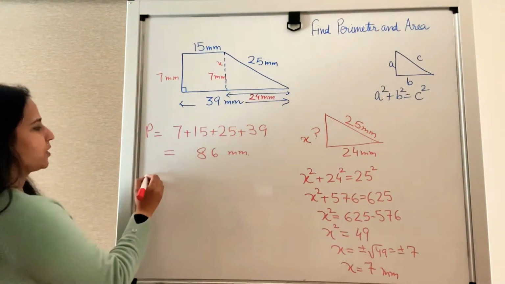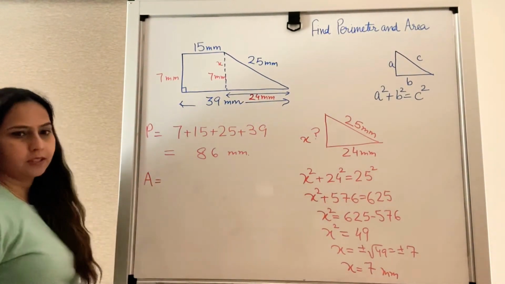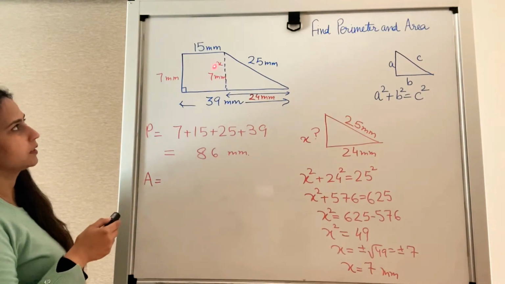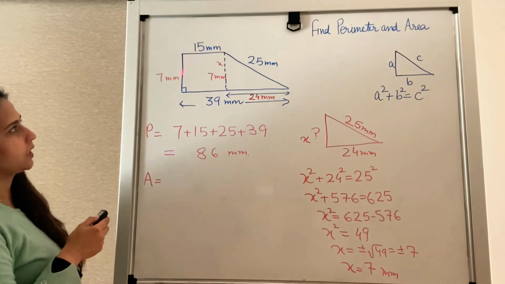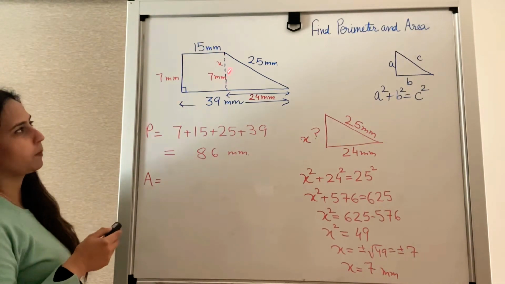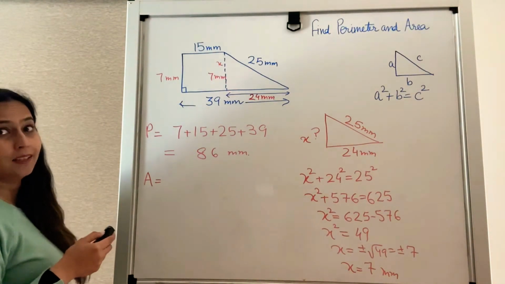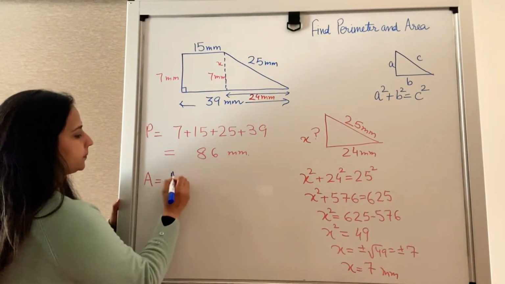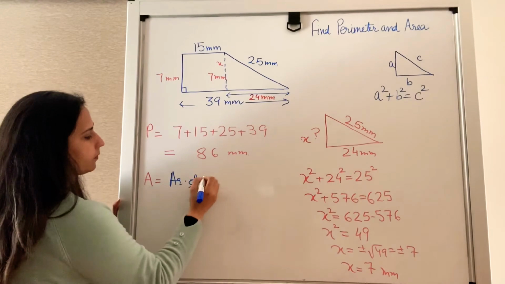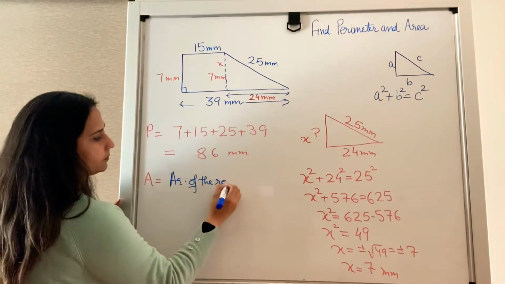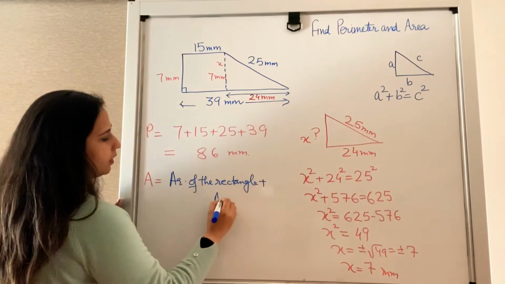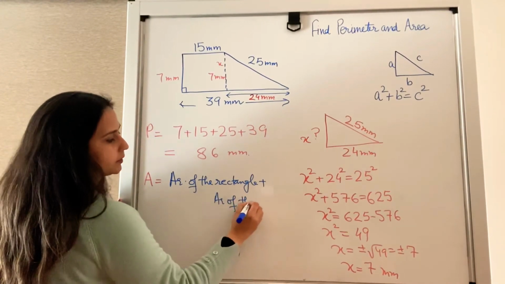Done? Now coming to the area. You can see it has formed into two shapes. This is a rectangle, because one length is 15 and the other one is 7, and this is the triangle. So area of the rectangle plus area of the triangle.